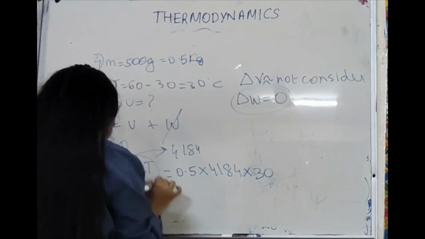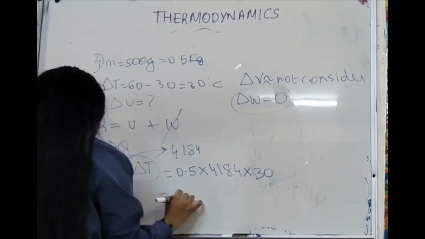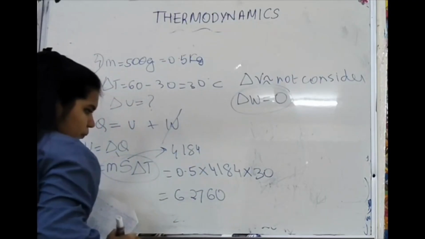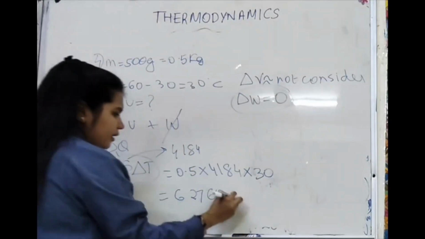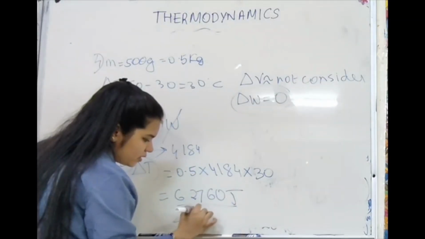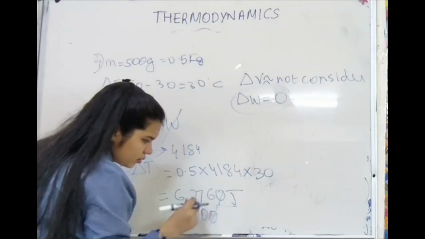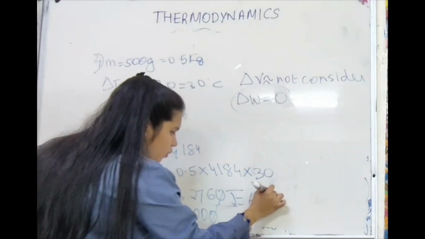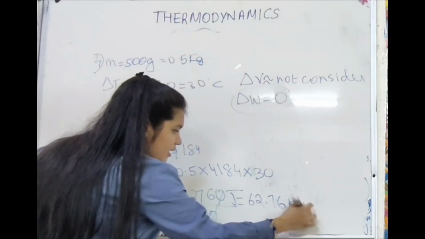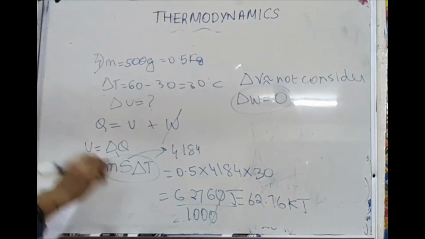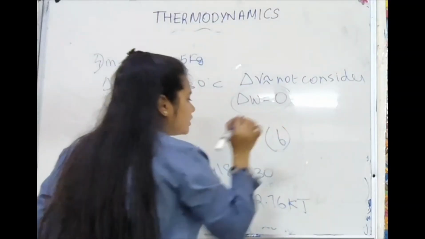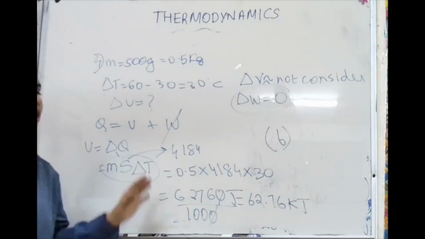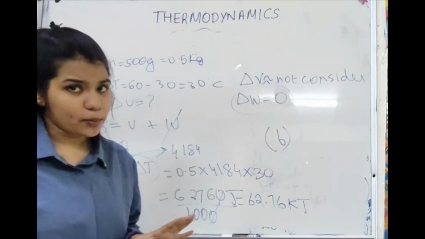So the answer you might get is 62760. Okay, this is coming in joule, right? Convert into kilojoule, 2 decimal places, so 62.76 kJ. This is the second option, B option. So this is how you do the questions.